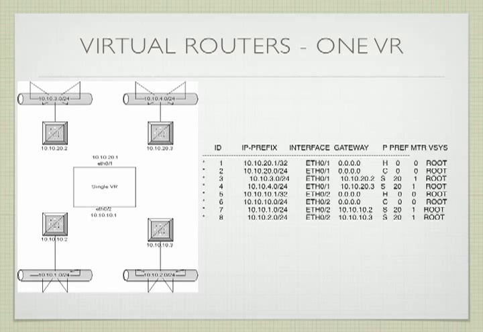If it's a duplicate route to something else in the routing table, only one of those routes can be active, and it will use the preference and metric to determine which of the two routes should remain active. If the two routes have the same preference and metric, then they will both remain active.